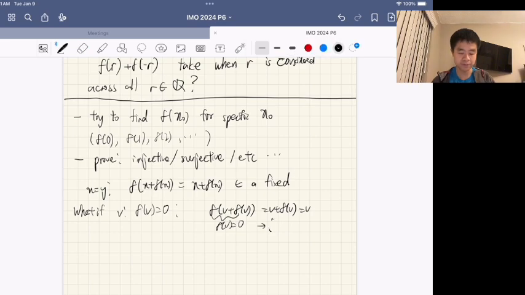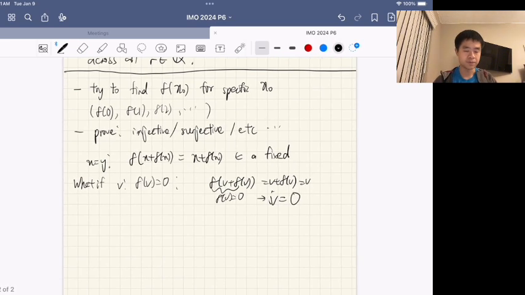That means that v has to be 0 here. So if there's any number that maps to 0, then that number must be 0. So f of non-zero is non-zero.